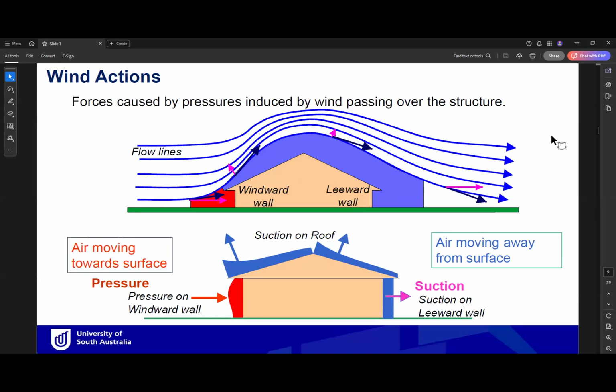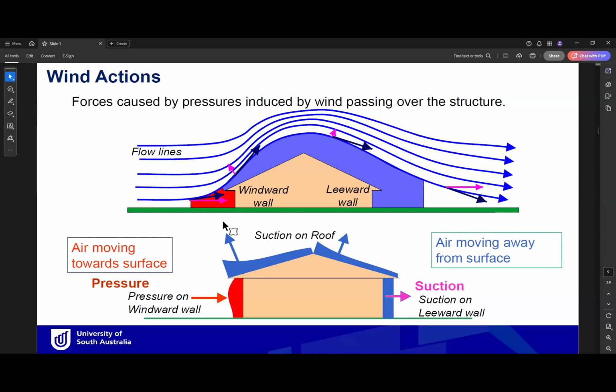So the wind actions are the pressure or forces caused by the flow lines of the wind flowing around the building. This wind will affect the walls and roof of the building.